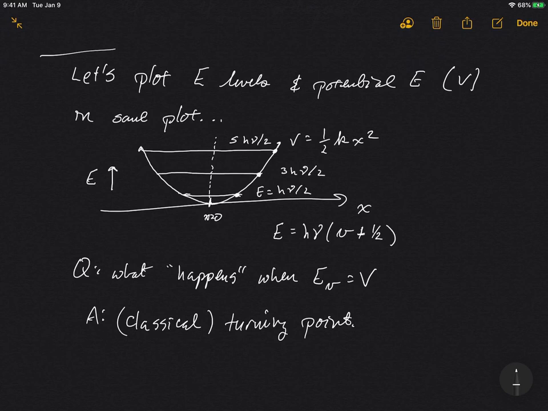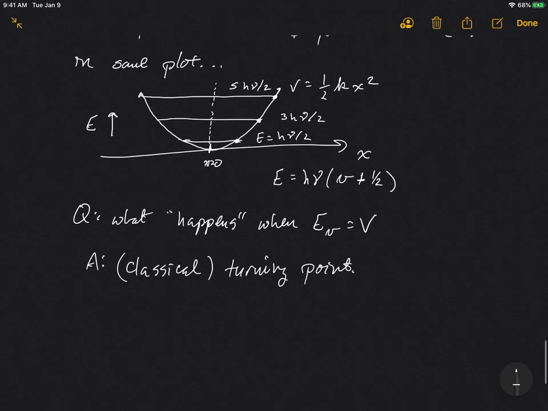Well, we can do a little bit of algebra. Let's see if we can find an expression for the classical turning point, and we'll get similar expressions later for, say, the hydrogen atom. So this is an exercise that we'll do more than once, but for different expressions for energy and potential energy.